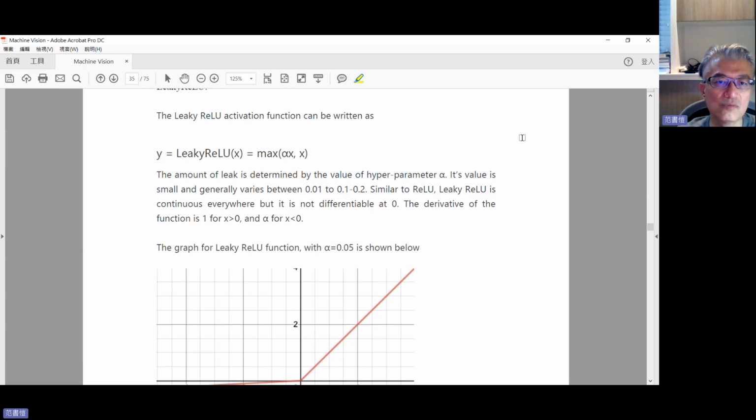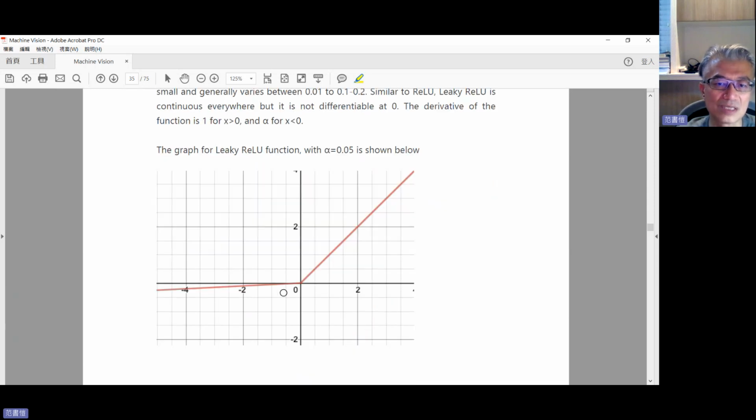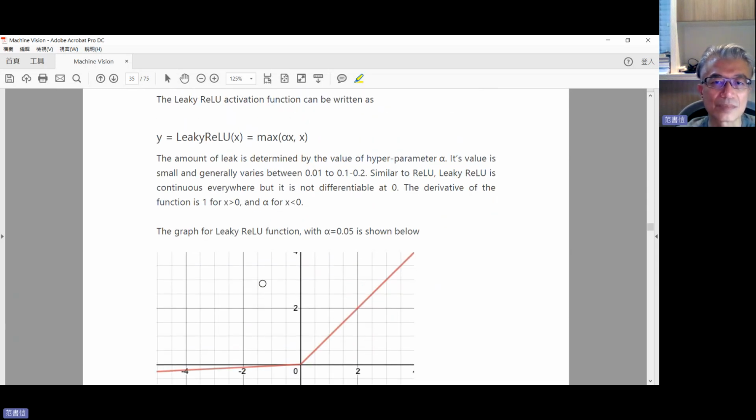So the amount of leak is determined by the value of the hyperparameter alpha. This value is quite small and generally varies between 0.01 and 0.2, similar to the ReLU.